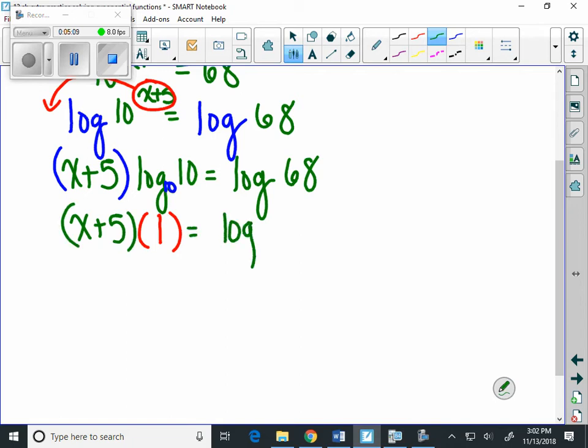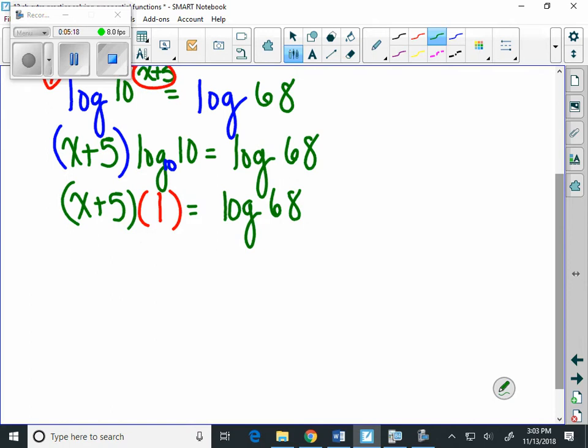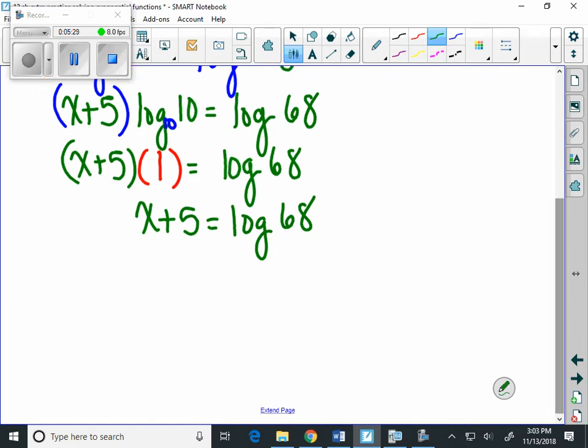And over here on the other side, we have log of 68. And you maybe didn't write that red 1 down because x plus 5 times 1 is just x plus 5 equals log of 68.